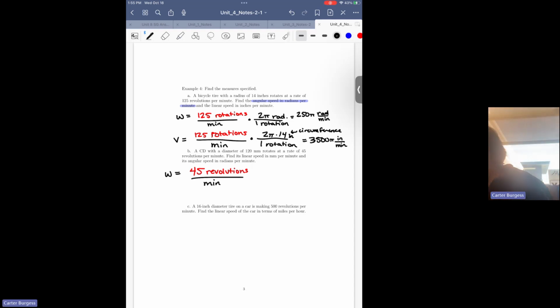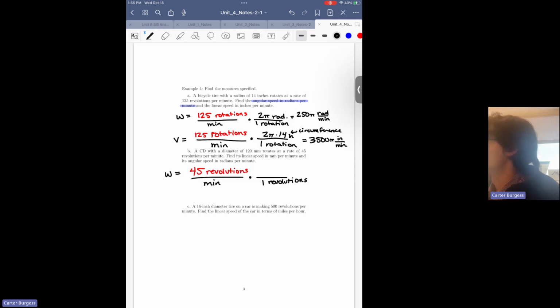All right. And then just always with our angular speed, what do I do to this in order to convert it into my actual speed that I care about? To cancel revolutions on top, I need rotations or revolutions in the denominator. Either way is fine.